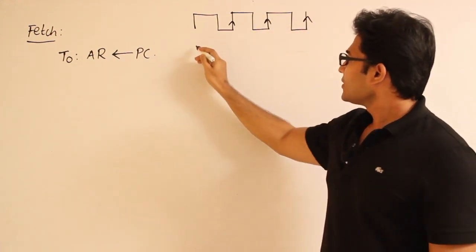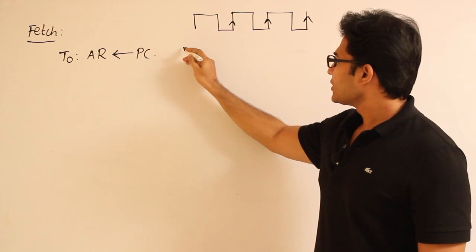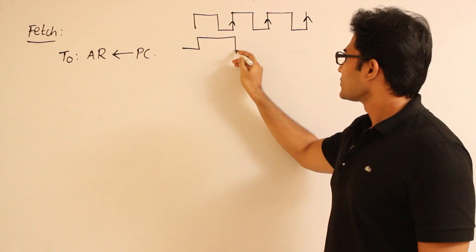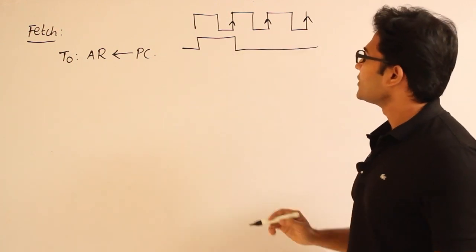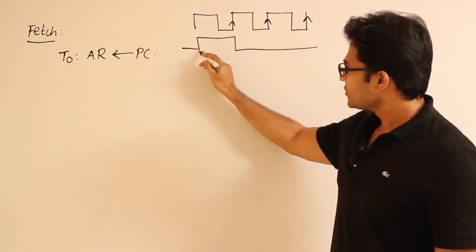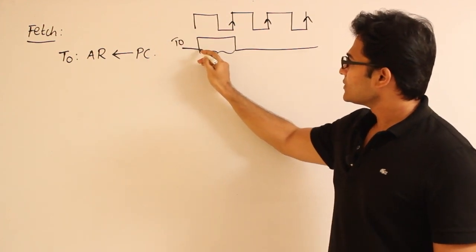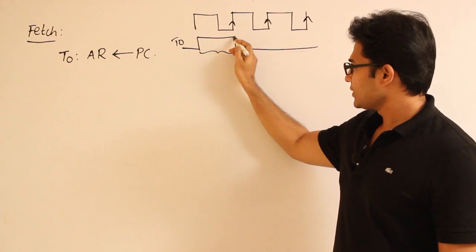When I talk about T0, it means this is the first one. T0 is activated, so it is all happening during this time. T0 is active during the first clock cycle.